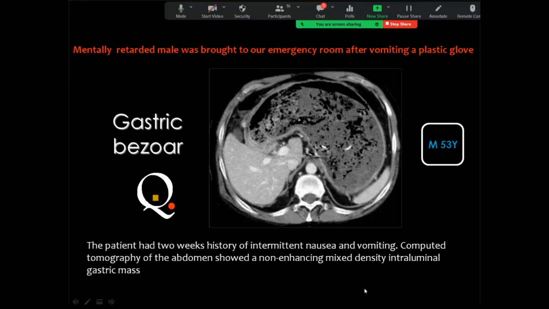The stomach is markedly distended by abnormal contents and air interspersed between the other contents. This is the diagnosis of gastric bezoar. Gastric bezoar is different from gossypiboma.